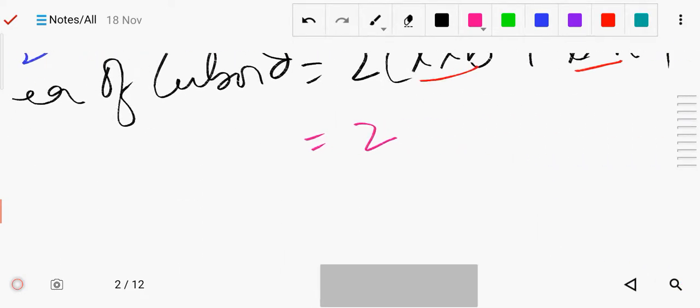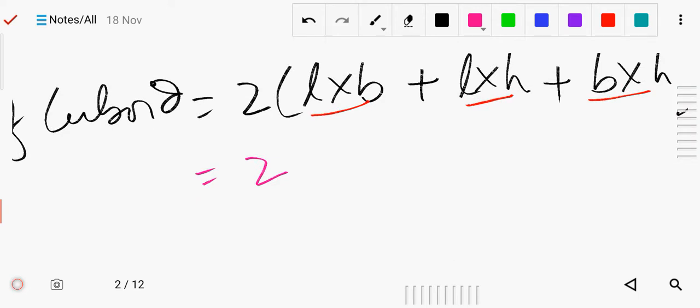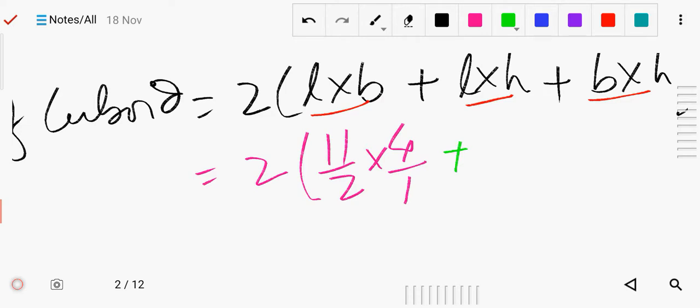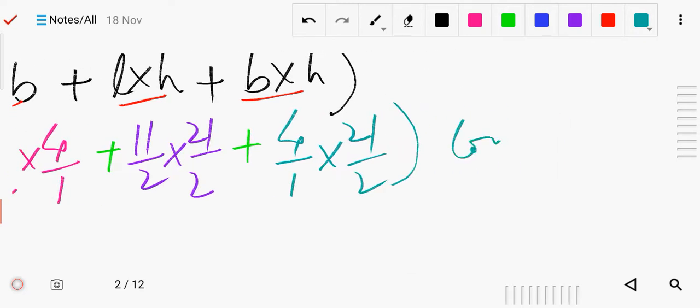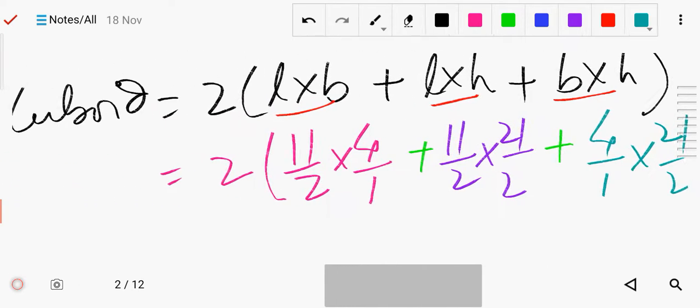So L is 11 by 2 into, what is the value of B? 4, which we can write as 4 by 1, plus. Next, L is 11 by 2, H is 21 by 2, plus B is 4, so we write 4 by 1 multiplied by H, 21 by 2, and this is in centimeter square. Or you can write the unit with all of this.